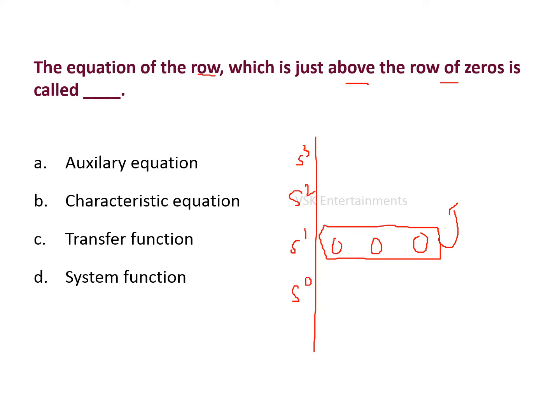That equation is called the auxiliary equation, and this is the difficulty 2 in RH criteria. So the equation of the row which is just above the 0 row is called the auxiliary equation. So option A is the right answer.